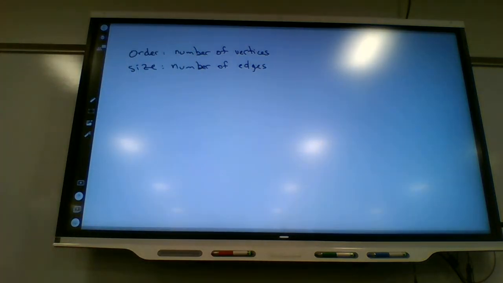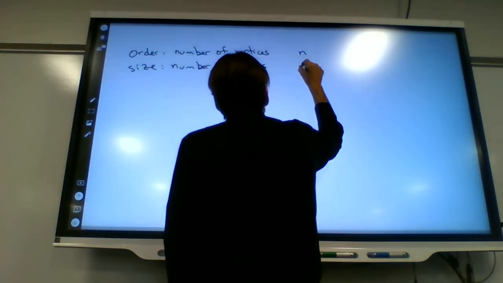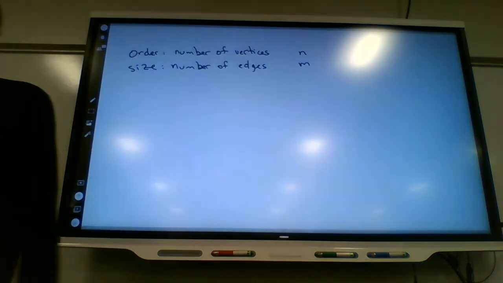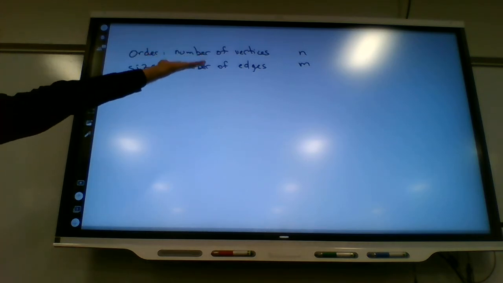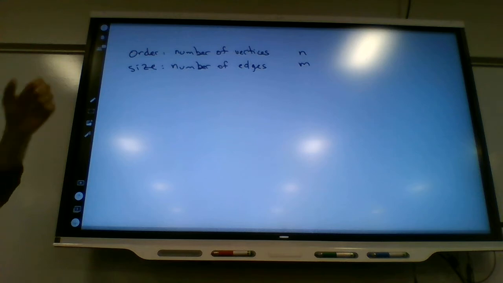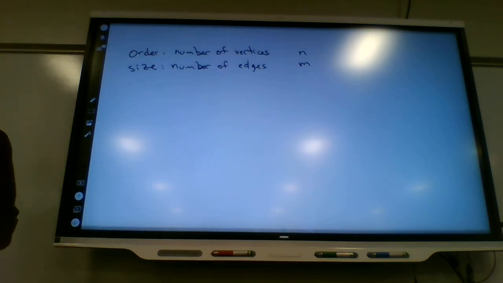Unfortunately, maths folks tend to use n for the order and m for the size, and that can be really confusing because when you're saying it out loud, n and m can sound a lot alike. But when you see it written about graphs, n almost always means how many vertices there are, and m almost always means how many edges there are.